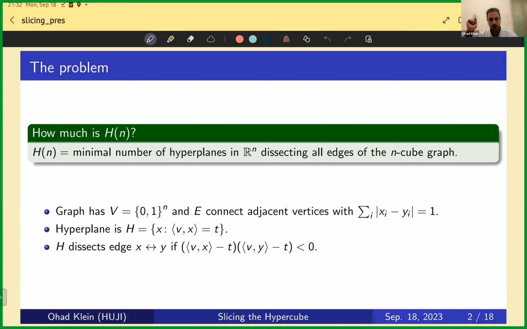The hyperplane is just something that is defined by a linear equation, and we say that the hyperplane dissects an edge if the edge strictly crosses the hyperplane. So if we have an edge, we want the hyperplane to really dissect the edge and not to dissect it on the boundary of the edge.